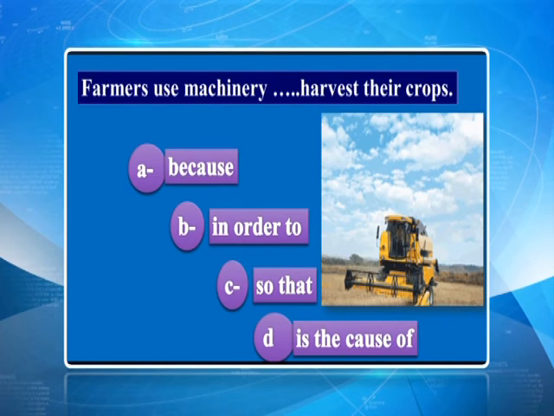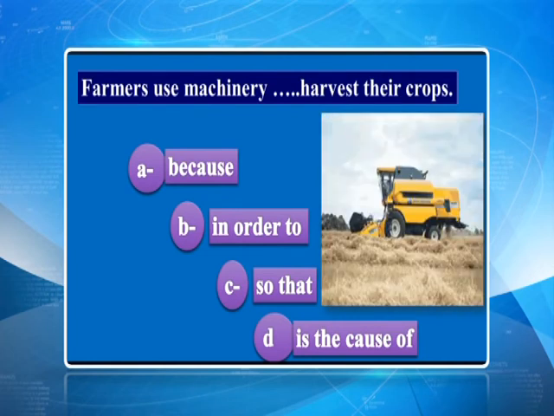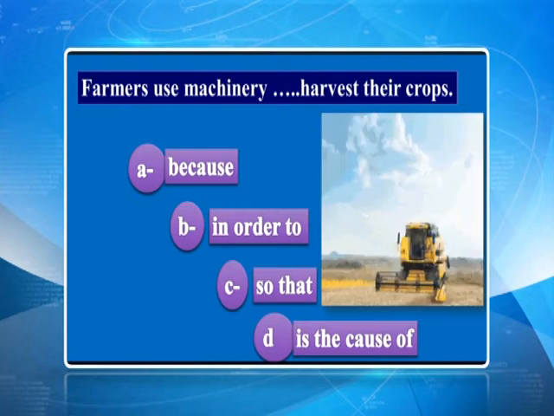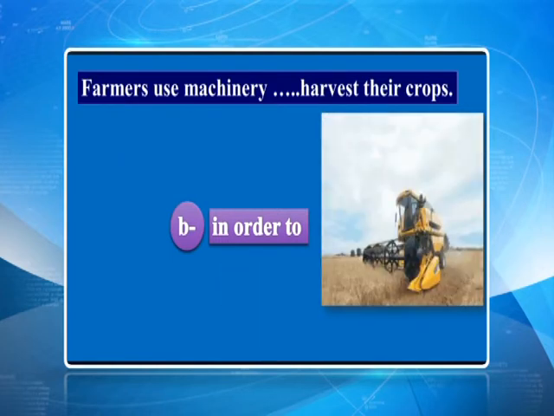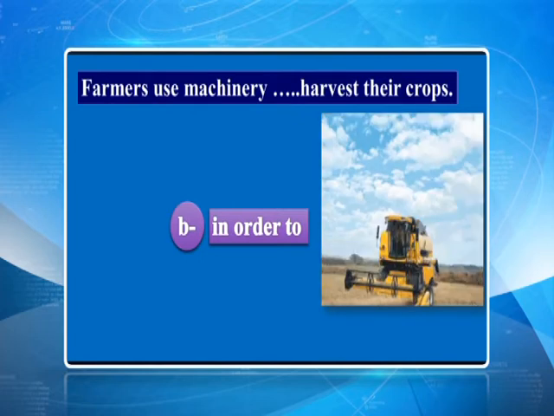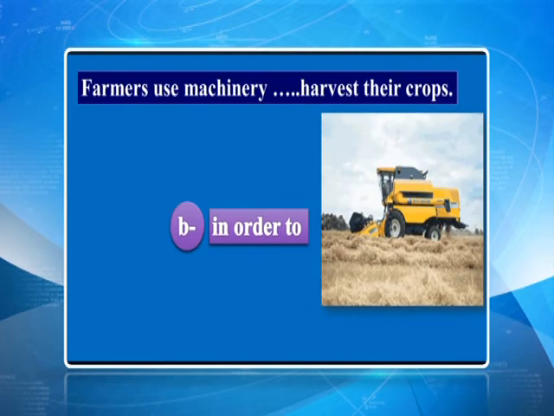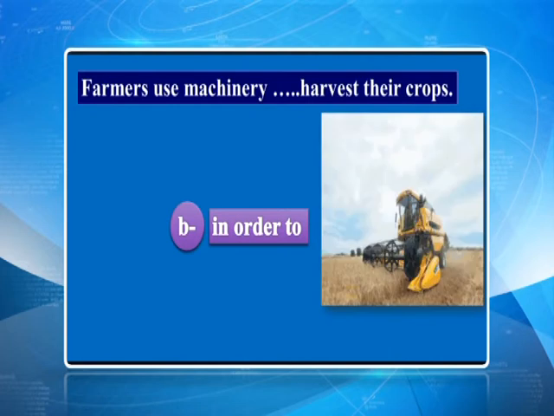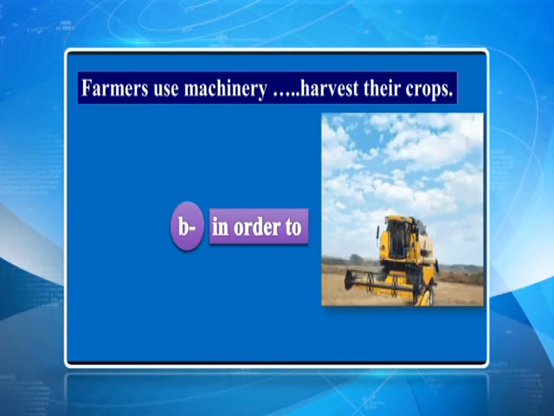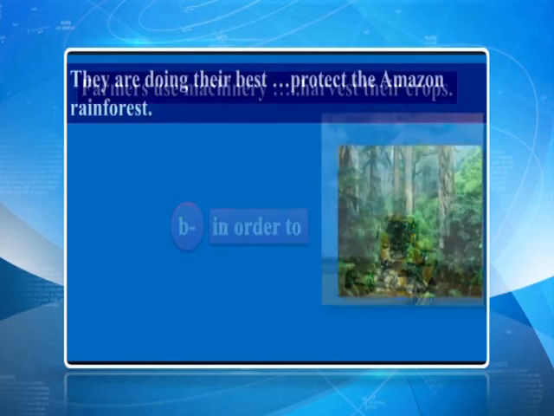And from these different expressions, the only one that is followed by a base form of the verb is in order to. Farmers use machinery in order to harvest their crops. Another expression that could replace in order to is so as to. Farmers use machinery so as to harvest their crops, or to, simply. Farmers use machinery to harvest their crops.